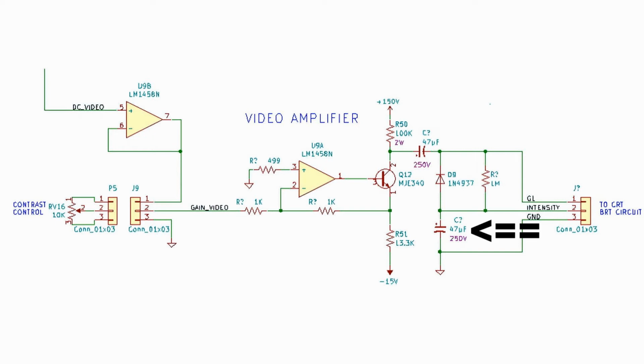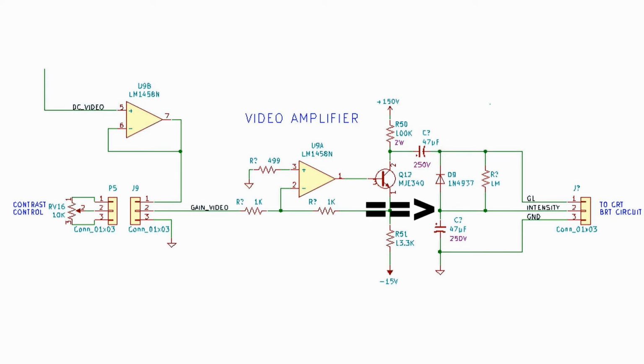This creates a DC reference, where our negative going sync pulses forward bias D9 during the sync time, forming a clamp circuit. When that sync tip goes the most negative, this will forward bias the diode in the negative direction and clamp the output plate of the 47 microfarad to that voltage.